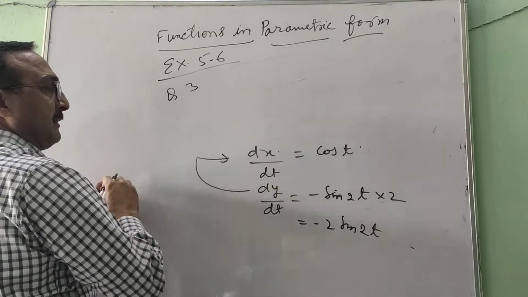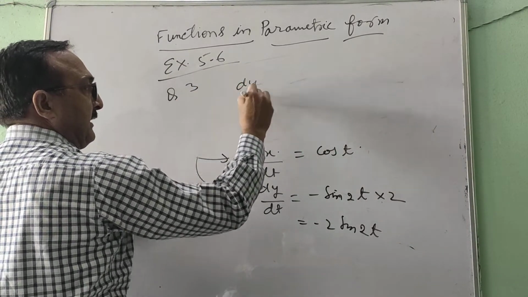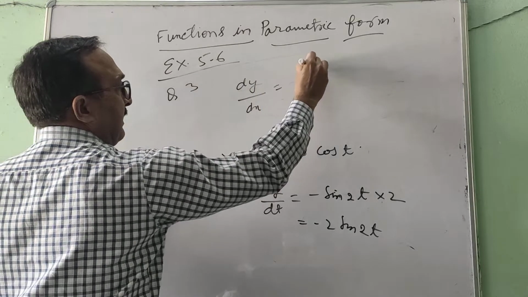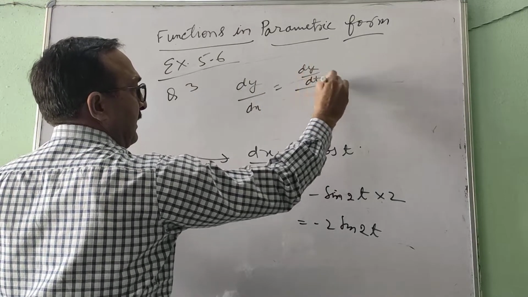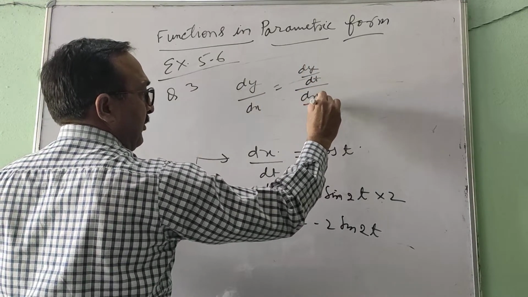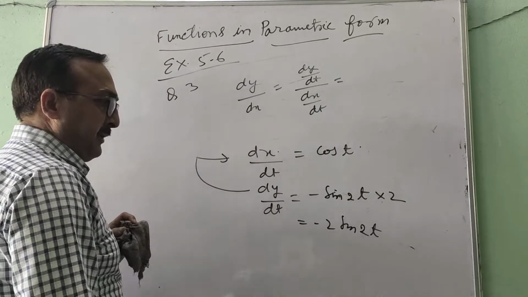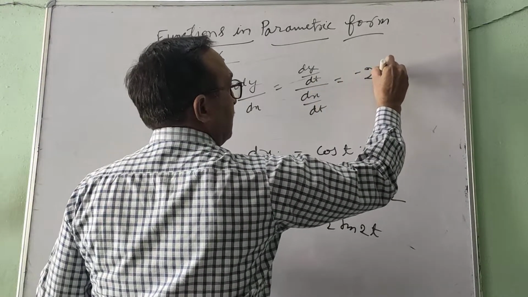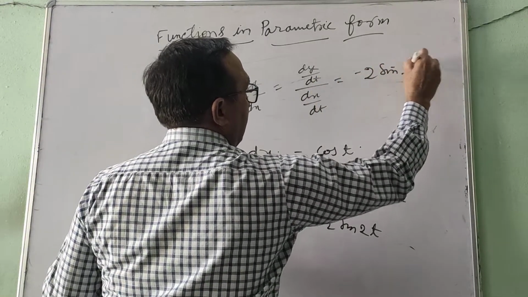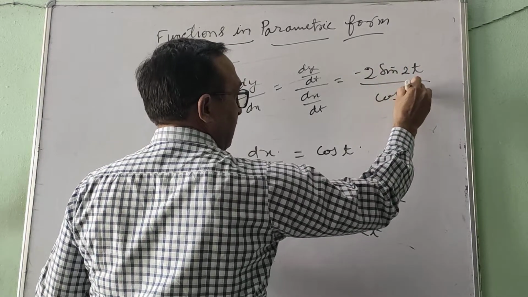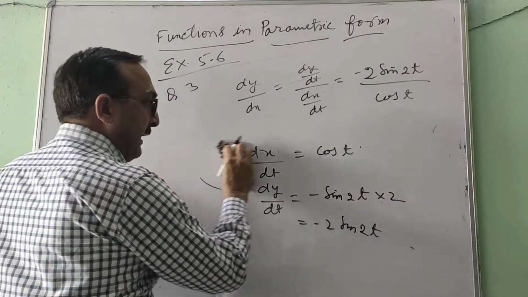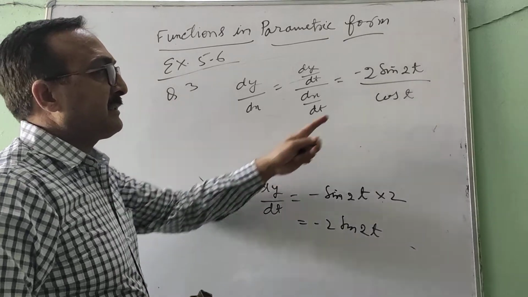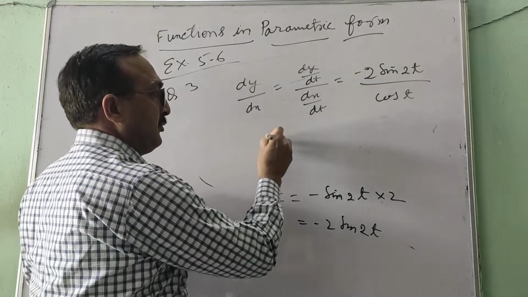And then we need dy upon dx equal to dy upon dt upon dx upon dt. What is dy upon dt? Minus 2 sin 2t upon cos t, and you can further simplify because it's sin 2t. So now what can you do?